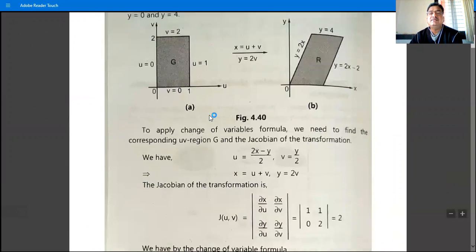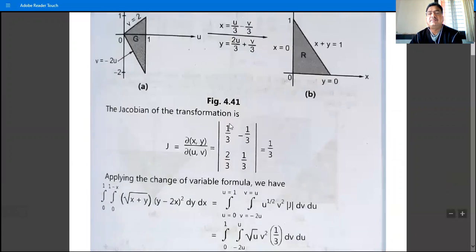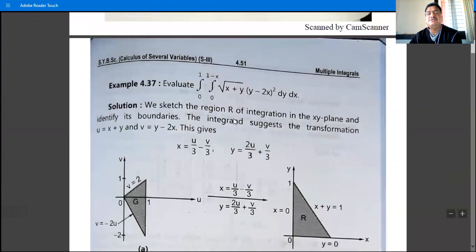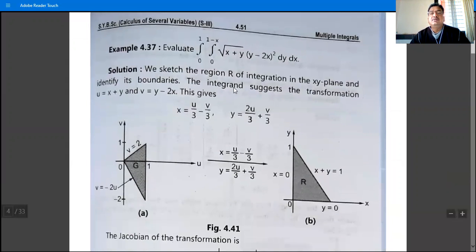But here the substitution is not given in this problem or the next problem. If the substitution is not given, then we take the substitution, and the substitution depends on the function, this integrand, that is we have to integrate this function root of x plus y and y minus 2x. So u is x plus y and v is y minus 2x.